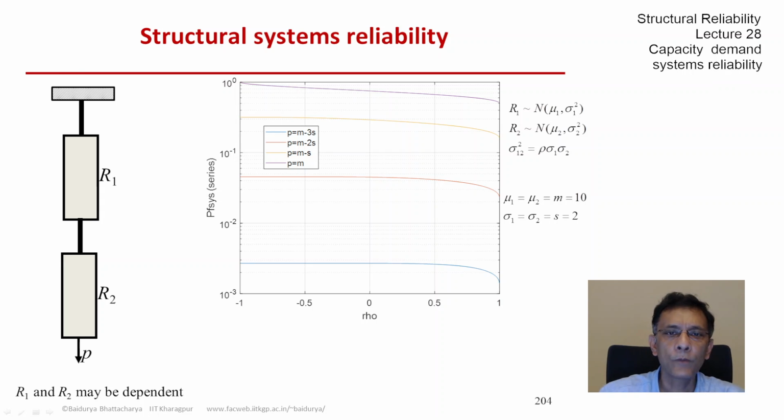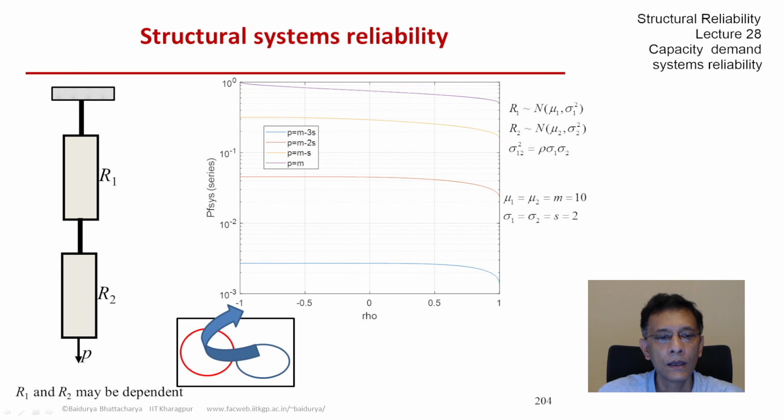So what can we conclude from this sort of behavior? When rho is -1, it is the same thing as saying that they have negative dependence, and if R1 is low, then R2 is high. If R1 is very low, then R2 is likely to be very high.